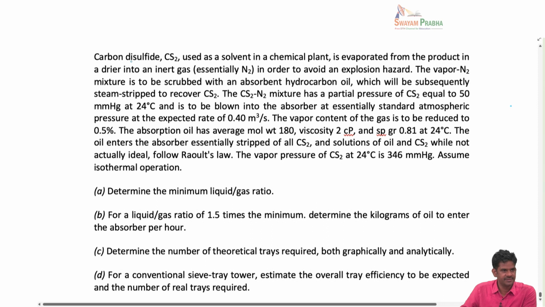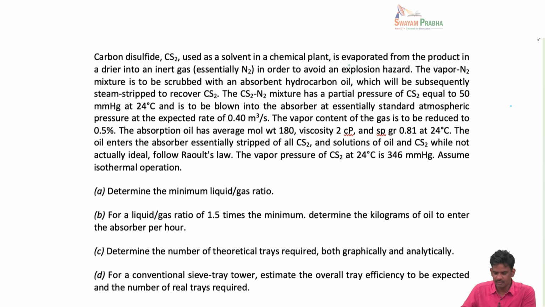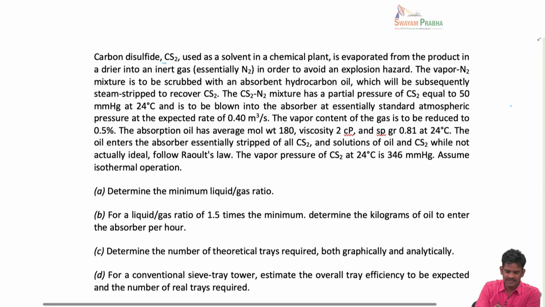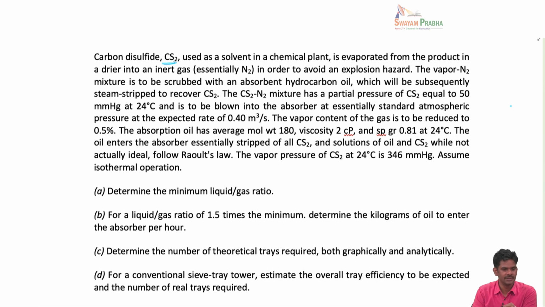Carbon disulfide, CS2, used as a solvent in a chemical plant, is evaporated from the product in a dryer into an inert gas, essentially N2. So from this statement, we know that the carbon disulfide is the solute and nitrogen is the inert gas.